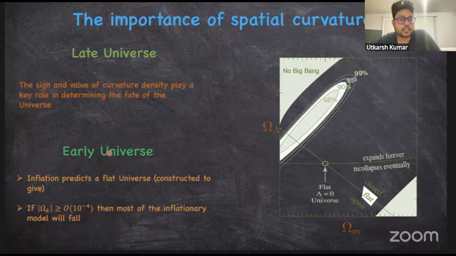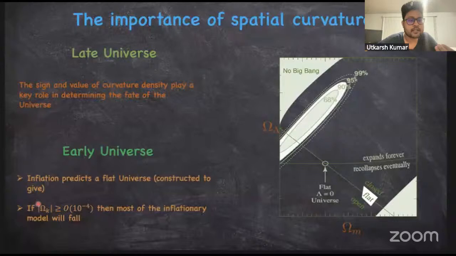measuring spatial curvature is quite important because the success of inflation depends on its capability to explain the flatness problem. So all the inflationary models are built to provide omega k to be 0.